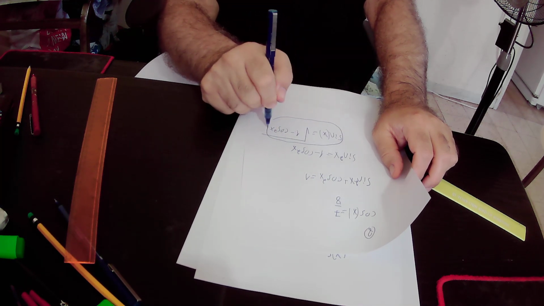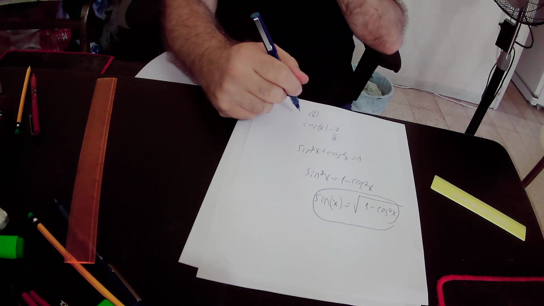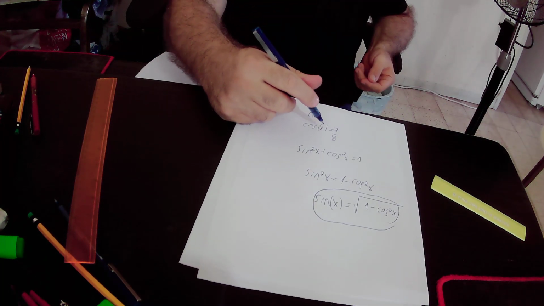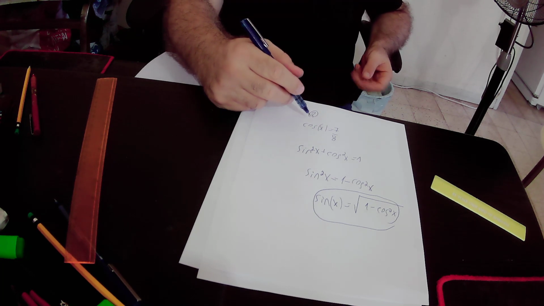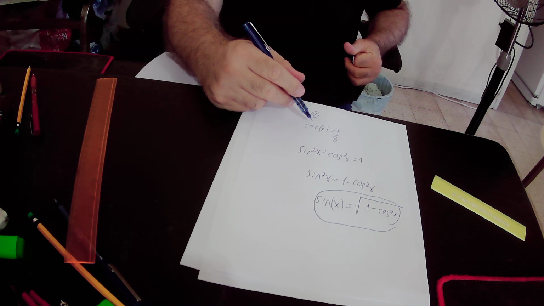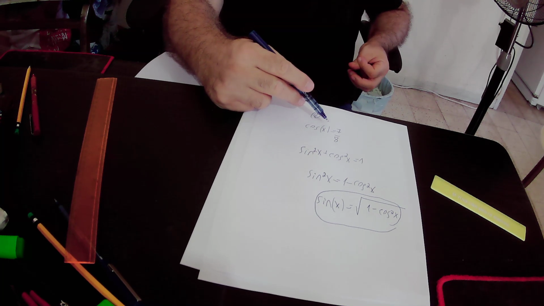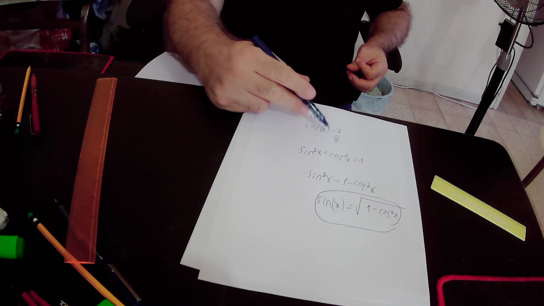Okay, but we have already found out that cosine x equals 7 over 8. If cosine x equals 7 over 8, then cosine x squared will be equal to 49 over 64.